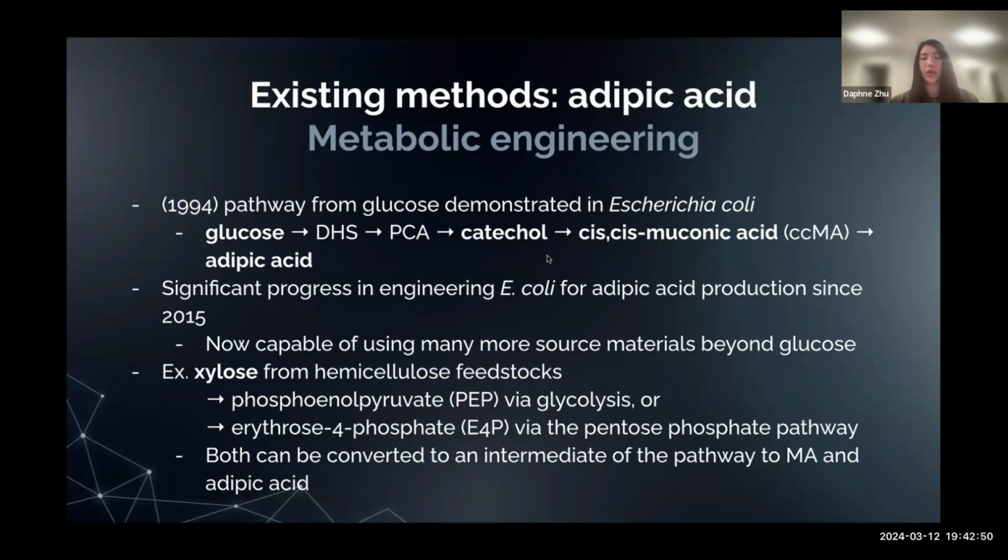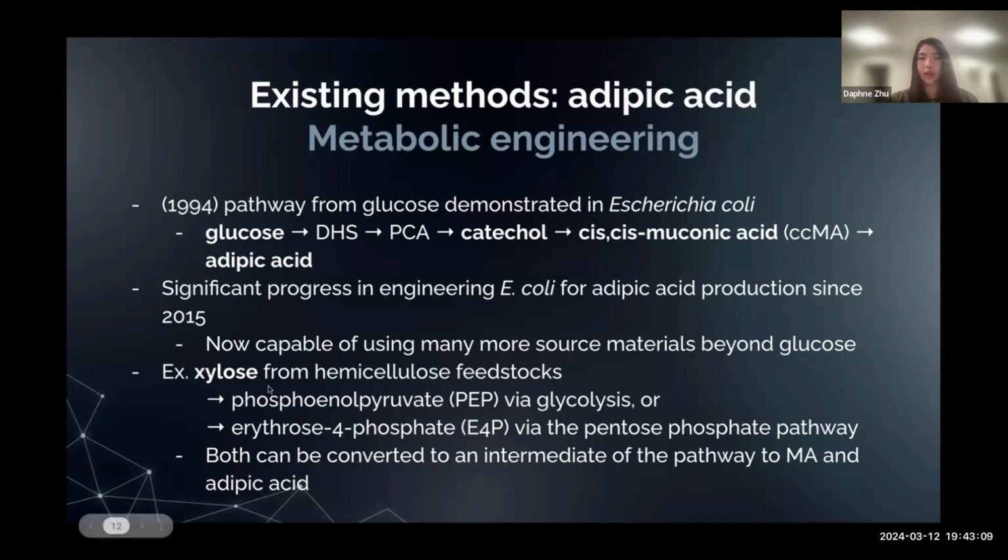But since then, and especially after 2015, there has been significant progress in modifying E. coli in many different ways. Now they're capable of using a lot of other source materials beyond just glucose.